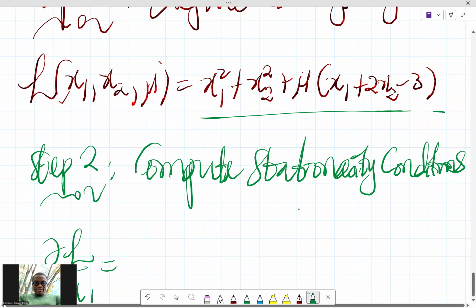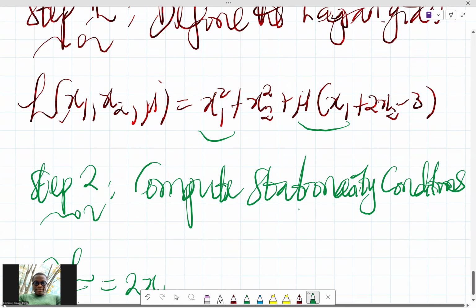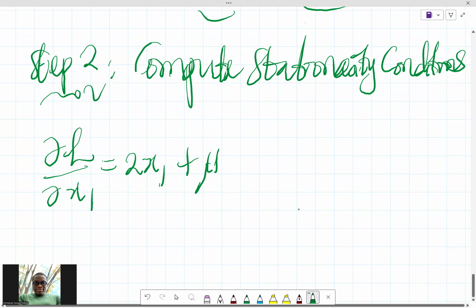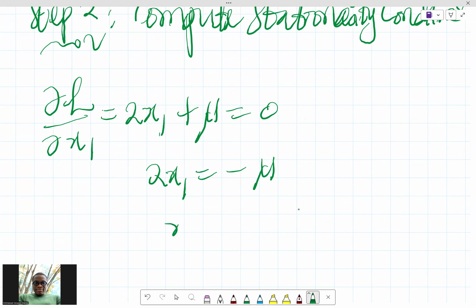The first one, x1 squared, differentiate and you have 2x1. Next, differentiate mu x1 with respect to x1, you get just mu. So this is plus mu, and this is equal to 0. That's the condition right there, and we can solve for x1. So we have 2x1 equals minus mu, so that x1 is equal to minus 1 over 2 mu, like that.